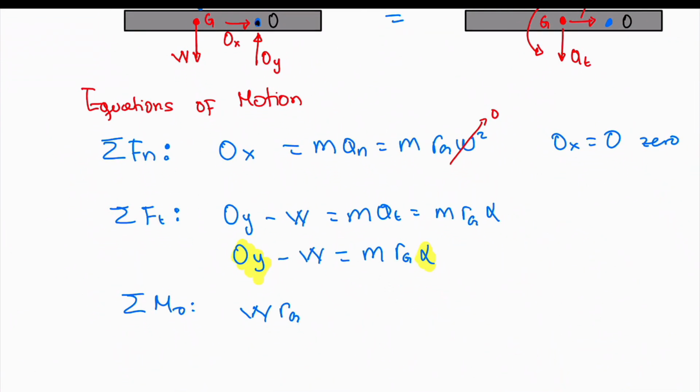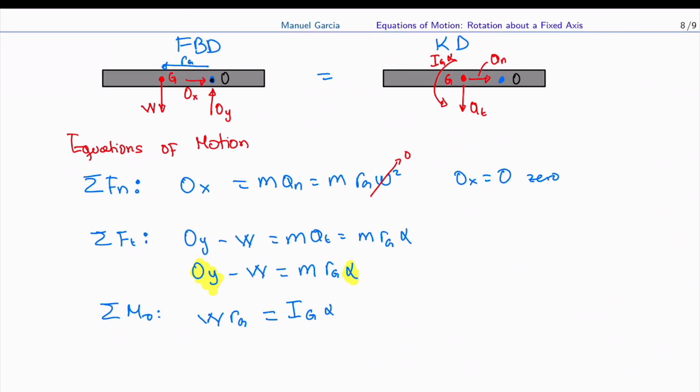And this is equal to the right hand side, which are the kinetic components. So it is the moment of inertia with respect to G multiplied by alpha, plus the moment caused by the accelerations.